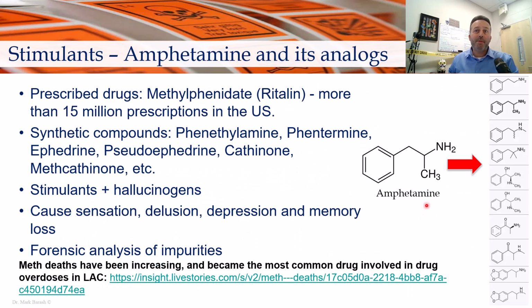Synthetic amphetamines have a lot of derivatives or chemical analogs. Some are used as prescribed drugs, such as Ritalin, which is widely used to treat ADHD and attention problems in kids and adults. But there are also others, like, as I mentioned, methamphetamine, phenethylamine, phentermine, ephedrine, pseudoephedrine, and many others, which are much more powerful, more dangerous, and more addictive than the original amphetamine formula.